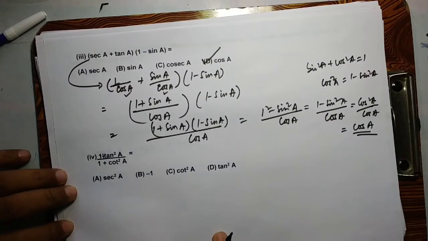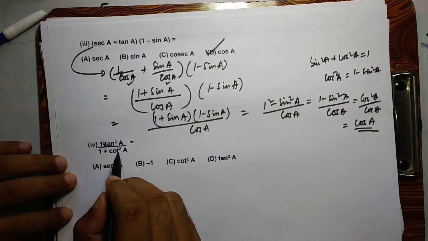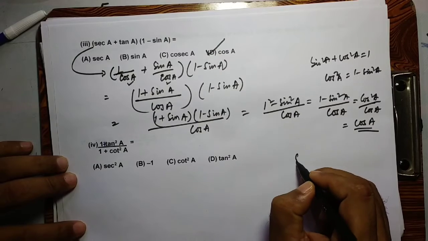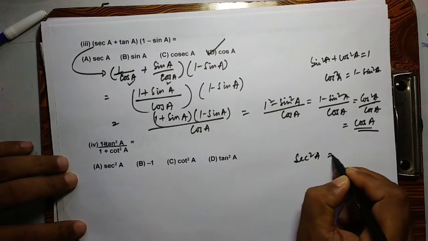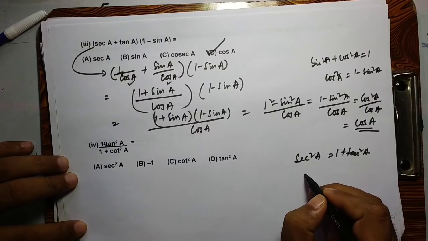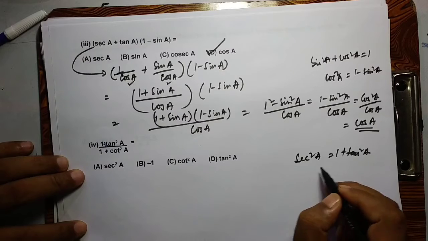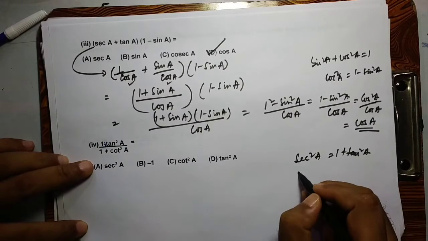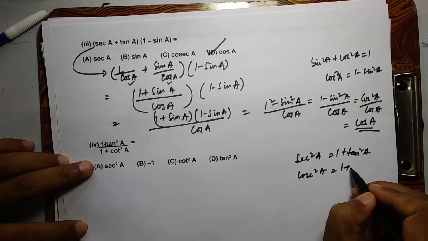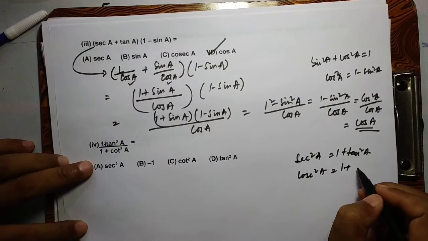And this is 1 tan square a plus 1 over cot square a. This is very simple. From the formula, sec square a equal to 1 plus tan square a. Also cosec square a equal to 1 plus cot square a.